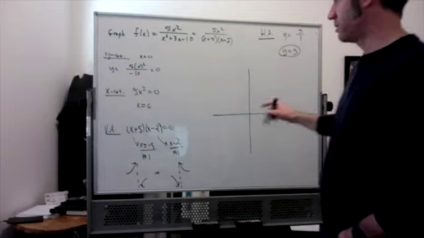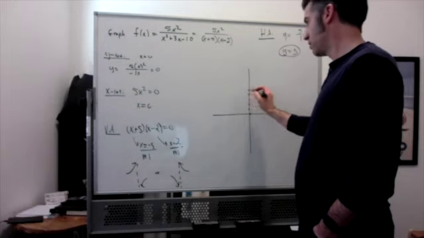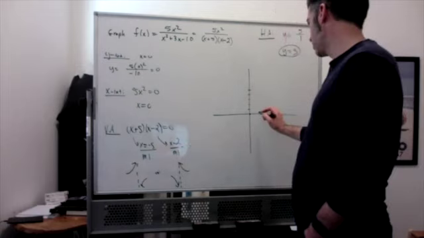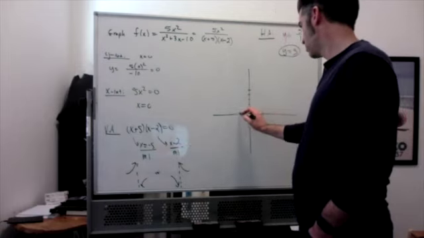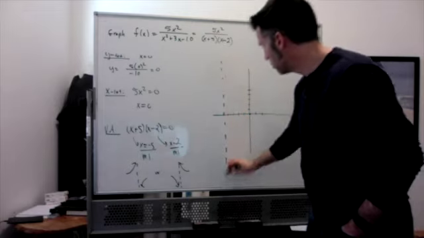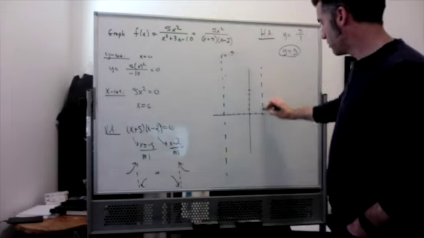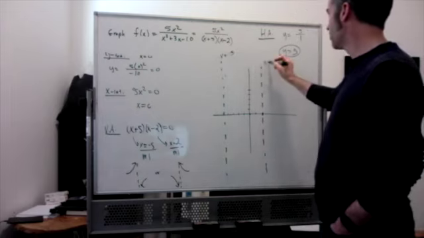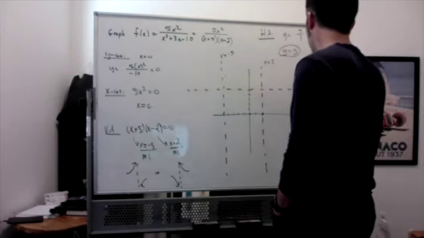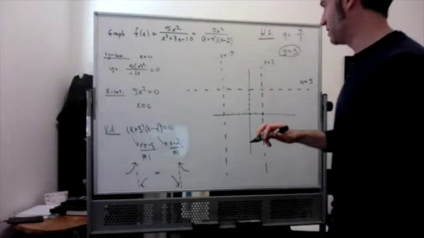Let's see, so I've got 0, I need to go up 5. I also need some vertical asymptotes at negative 5 and positive 2. Okay, so there are all of our asymptotes.